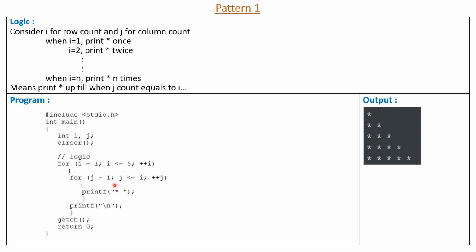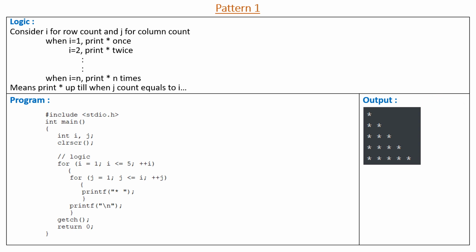This for loop executes until j is less than or equal to i, and I have simply printed star and in front of that a space to print the pattern properly. I have used \n when the first row is completed. So when I execute this program we will get the output in this form.